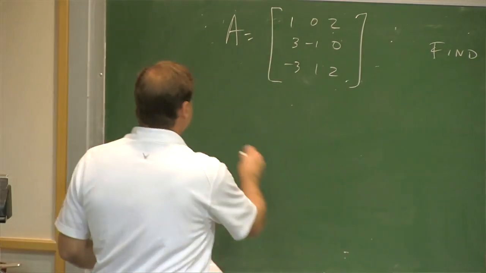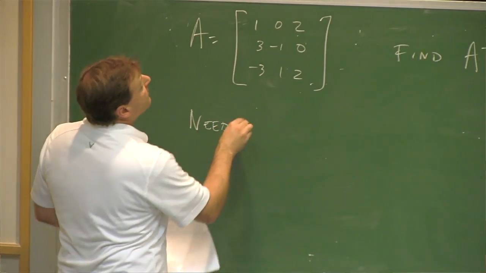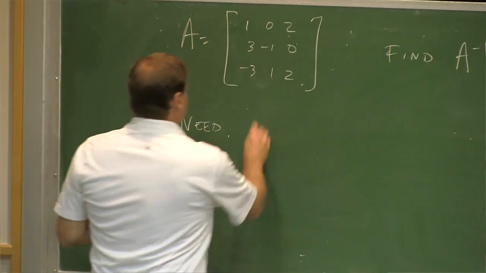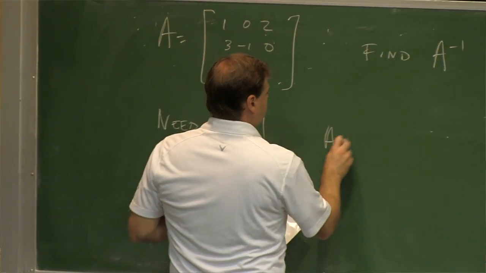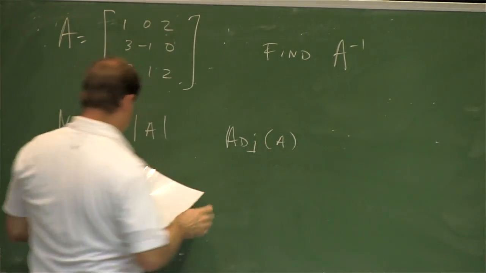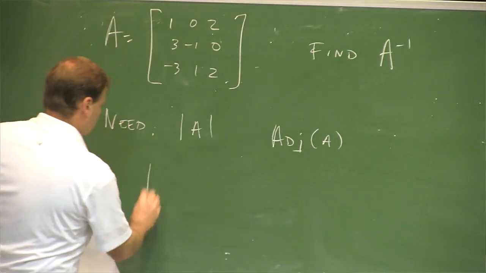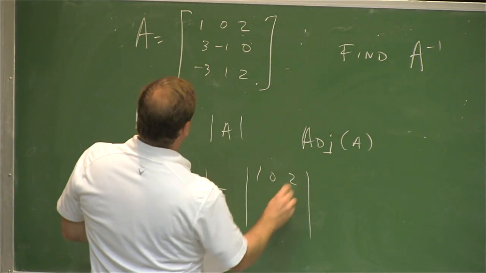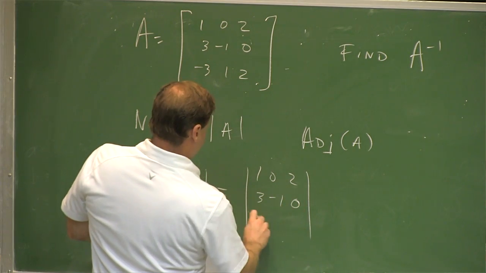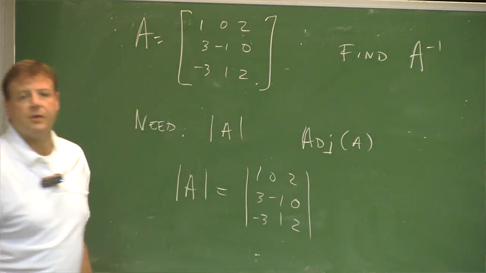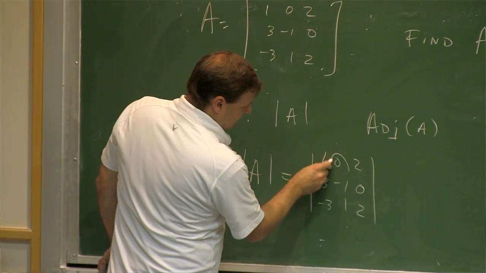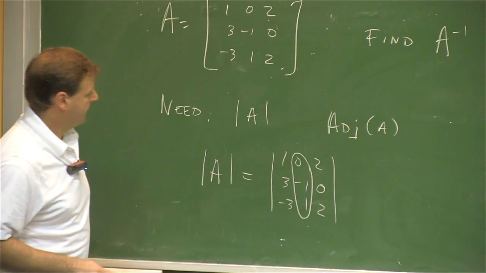So what do we need? We need two things. In my formula there, you see I need the determinant, and then I need the adjoint. The adjoint is a matrix, and the determinant is a number. I need these two things. So let's first get the determinant. That's the determinant of 1, 0, 2, 3, negative 1, 0, negative 3, 1, 2. Okay, you can pick your favorite row or column. My favorite would probably be this column right here.